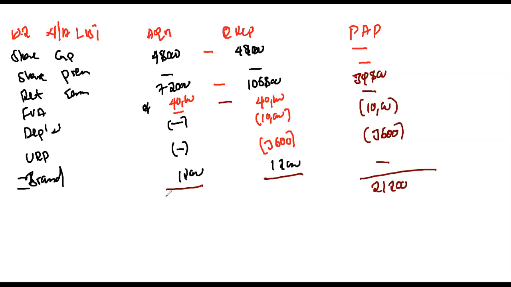Then here, this figure plus this figure plus this figure plus that figure. How much do we have? That's 161,200.